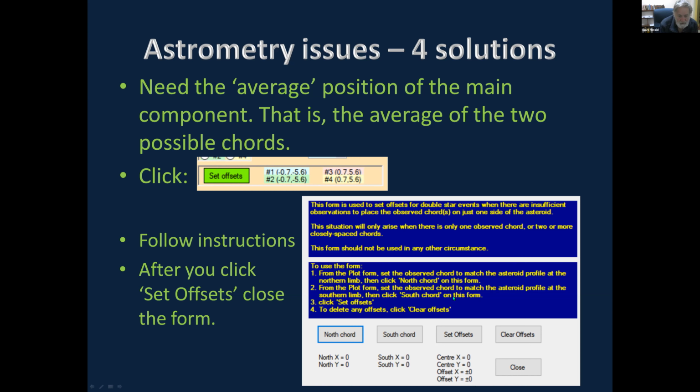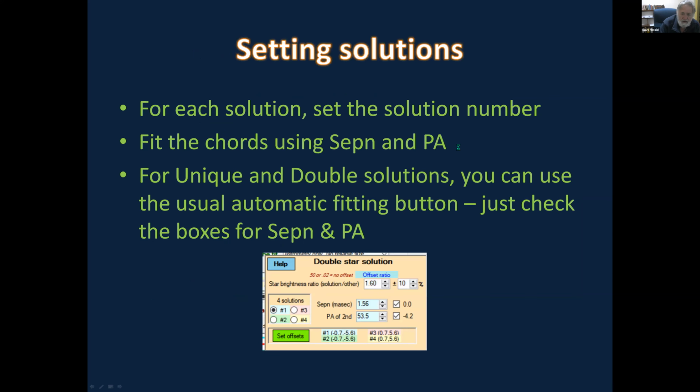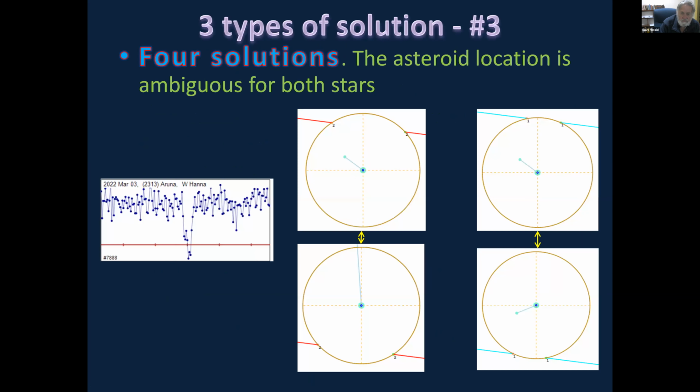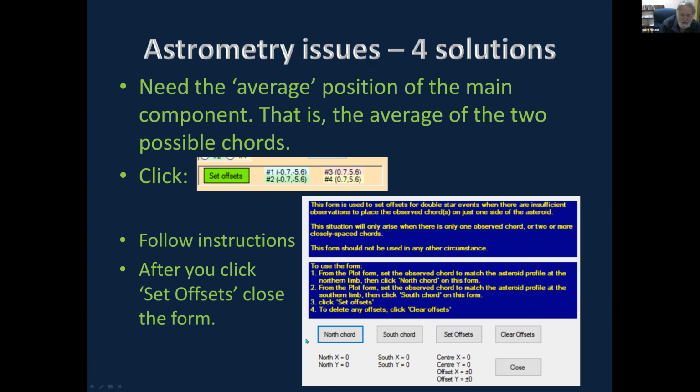Follow those instructions. It's a matter of setting the star which you're going to treat as the primary star. If this is going to be the primary star, it's a matter of fitting initially the chord of the star at that side of the asteroid and then clicking the north chord button here.